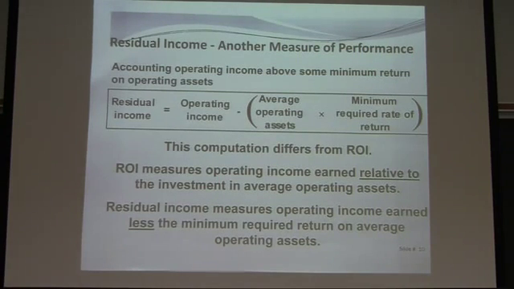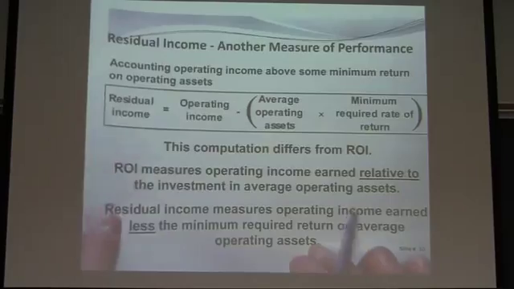So in my original example, when you have a Division A already making 20% ROI, if they have another investment opportunity that earns 15%, using RI as a way of measuring means that that manager is going to accept that special project added to their existing RI and still improve their overall RI.